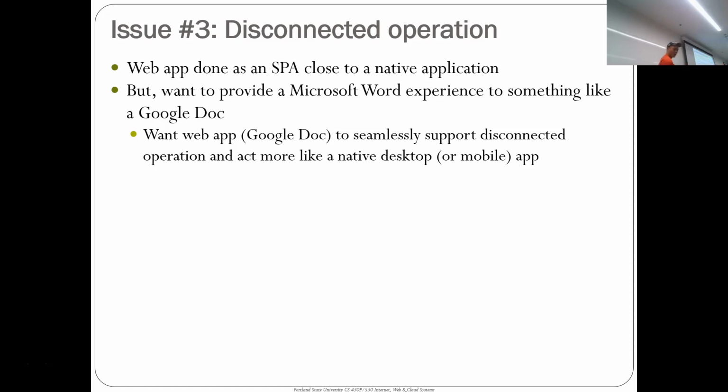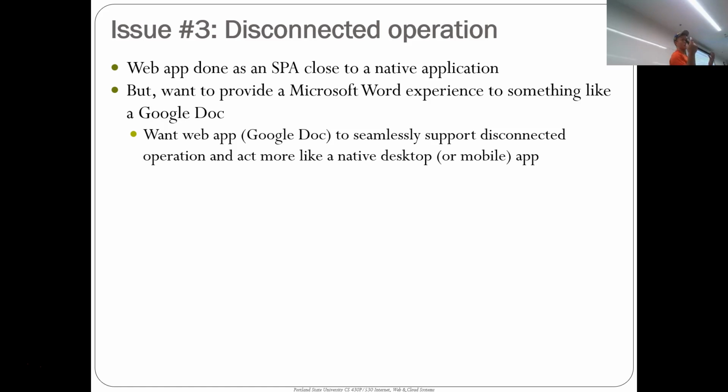Another issue with rendering pages is disconnected operation. When you start shipping web apps as a single page app to a client, this is very close to what a native application on your phone will do, right? You get all the interactivity of an app running on your phone, but whenever you eventually need to update the model, that's when it goes over the network.